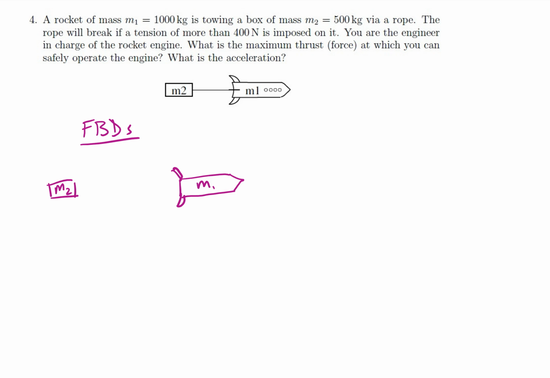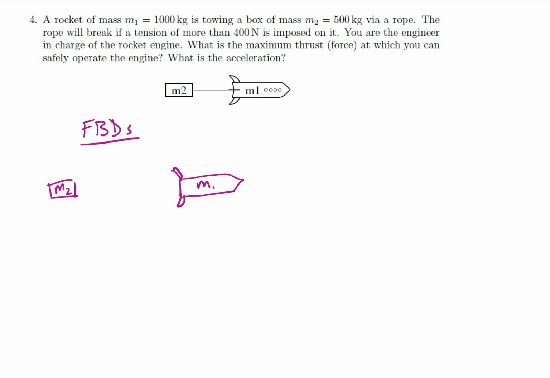We're told that the rope will break if a tension of more than 400 newtons is imposed on it. If we are engineers in charge of this rocket, what's the maximum thrust at which we can safely operate the engine? And what's going to be the acceleration of the rocket and the box?